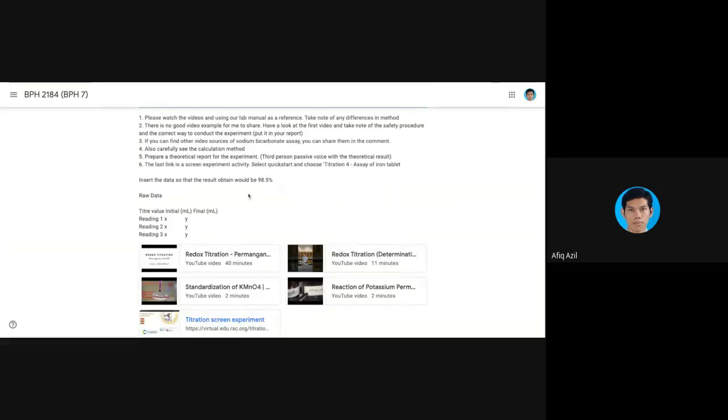Just use the same calculation method that is in the manual. So that is all for experiment number 2. Any questions?